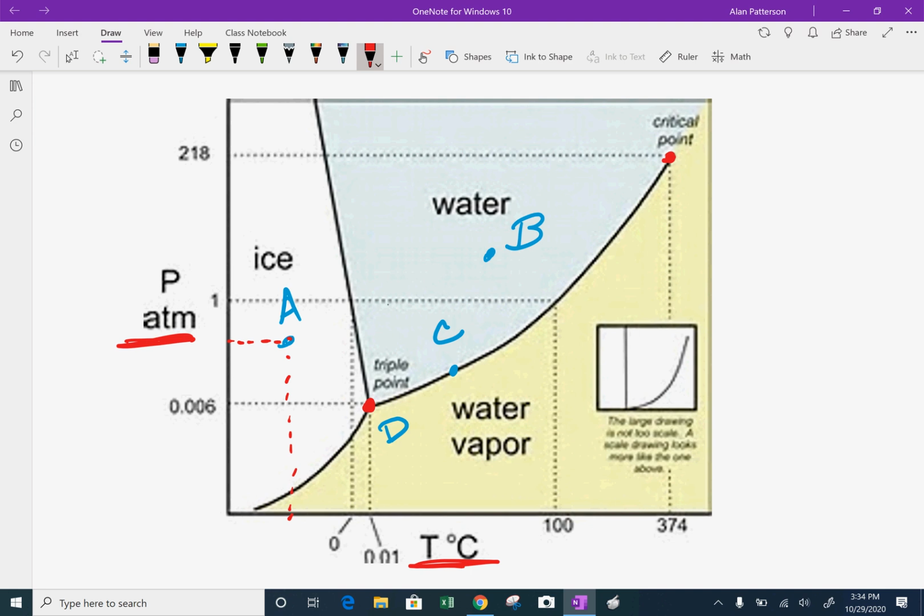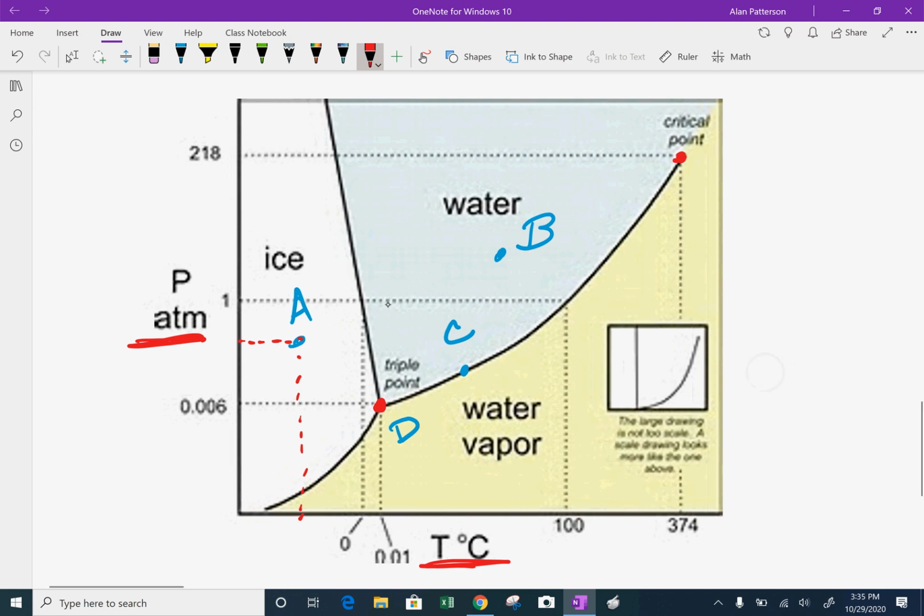Okay, how about B? Well, that pressure and temperature conditions, the temperature, I'm going to say it's close to room temperature or maybe just above, and the pressure just above 1 atmosphere, so a little bit higher than what we normally experience. So we would have liquid water present.